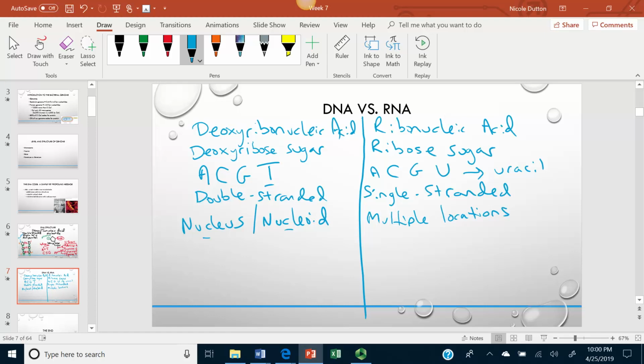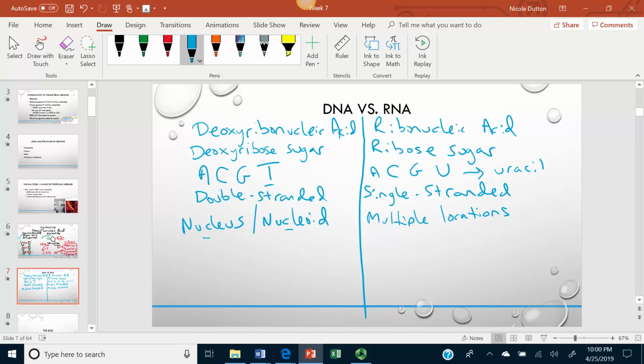RNA is going to start out in the nucleus or nucleoid, and then once it's replicated, it can make its way over to the ribosome. The ribosome itself is made up of RNA, so it can be floating all the way around the cell. Although RNA is a lot more unstable than DNA is because of its single-stranded nature.